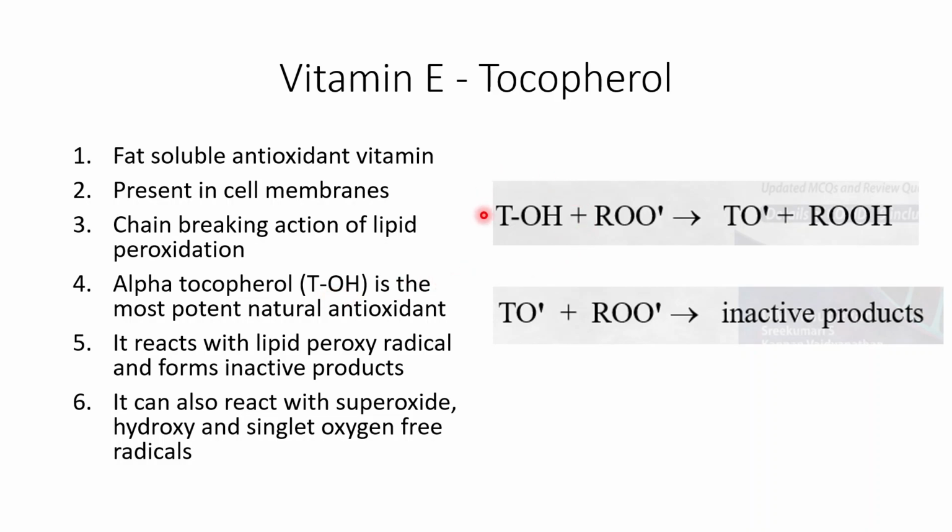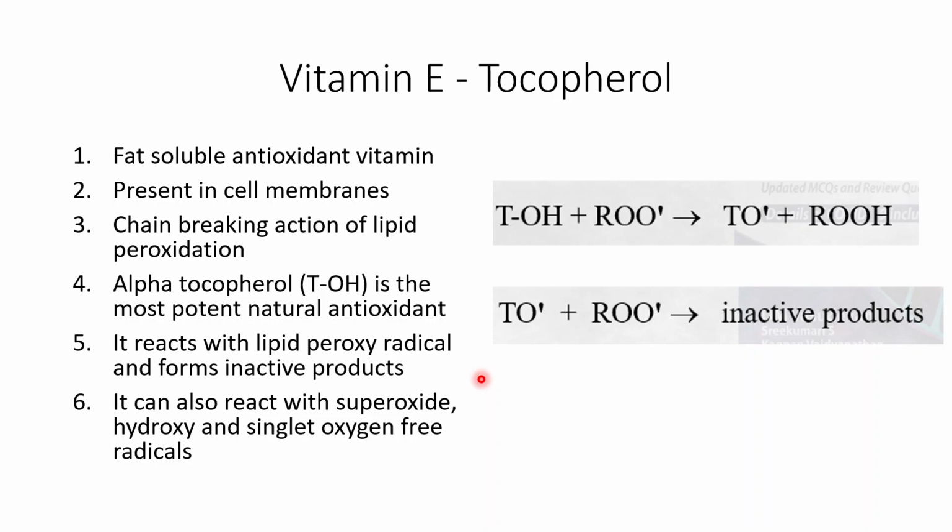The alpha tocopherol acts upon the lipid peroxy radical, and it forms a free radical itself. Now this vitamin E free radical combines with a lipid peroxy free radical and leads to formation of inactive products. It can also react with other free radicals like superoxide, hydroxy free radicals, and singlet oxygen.